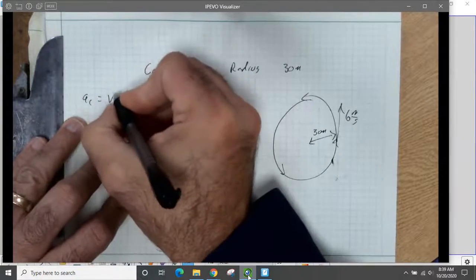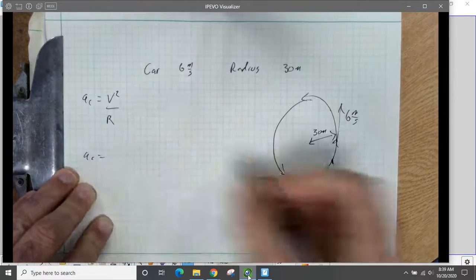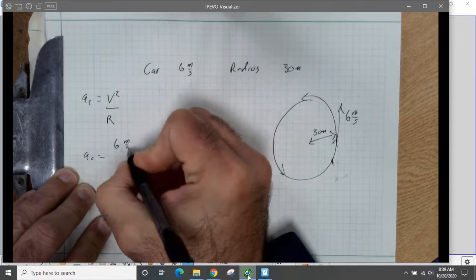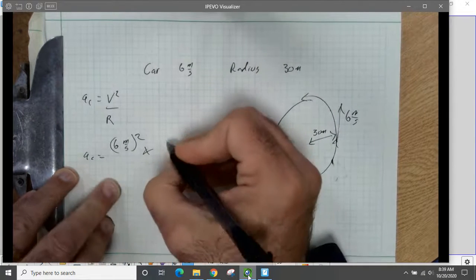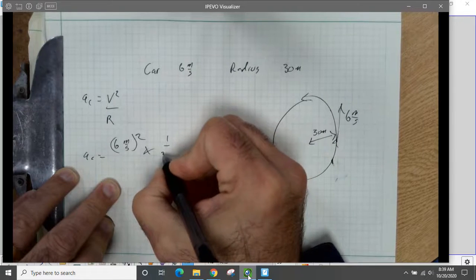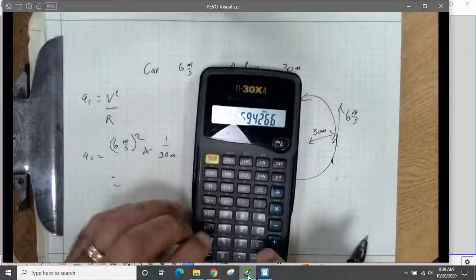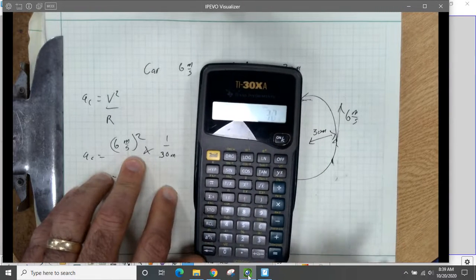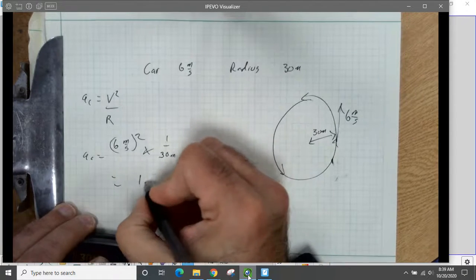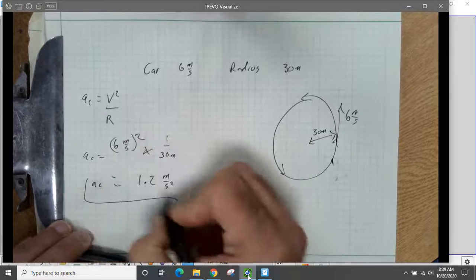So A sub c equals v squared over r. So A sub c equals 6 meters per second, quantity squared, divided by the radius, 30 meters. And when we put all this together, we get 6 squared is 36 divided by 30 is equal to 1.2. 1.2 meters per second squared is the centripetal acceleration.